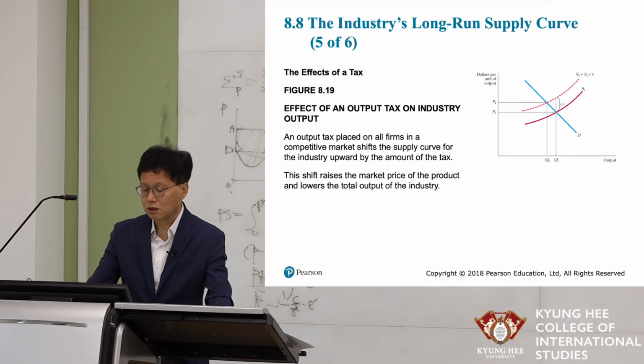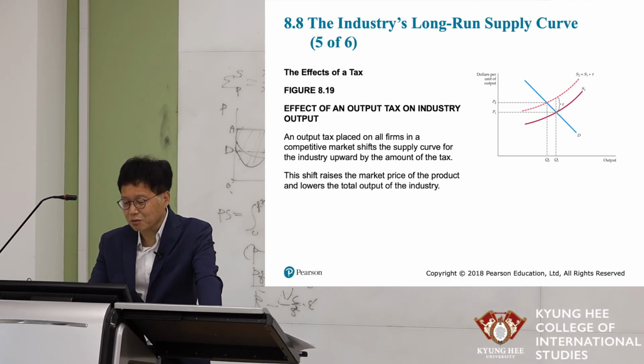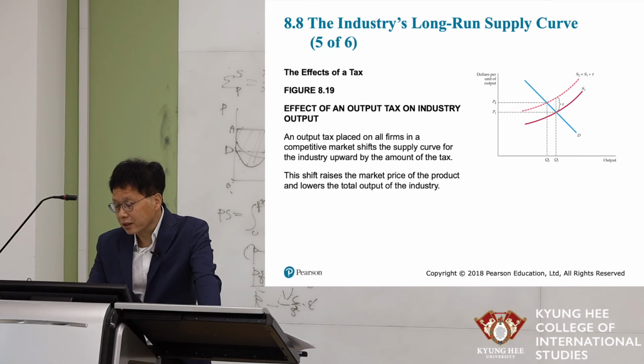Okay, now think about it from the perspective of the industry level. Industry demand and supply: after imposing the tax, the supply curve is this one. The gap between the two is the tax, right? An output tax placed on all firms in a competitive market shifts the supply curve for the industry upward by the amount of the tax.